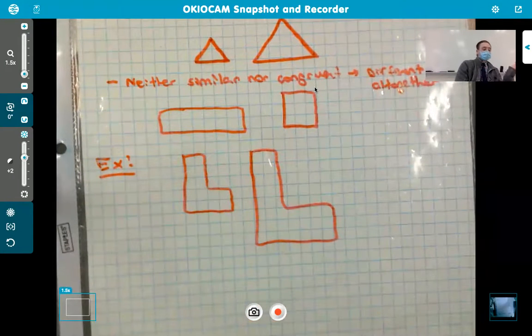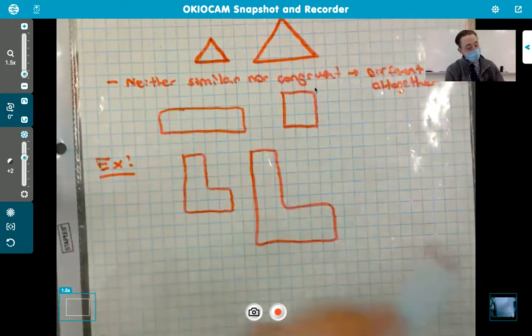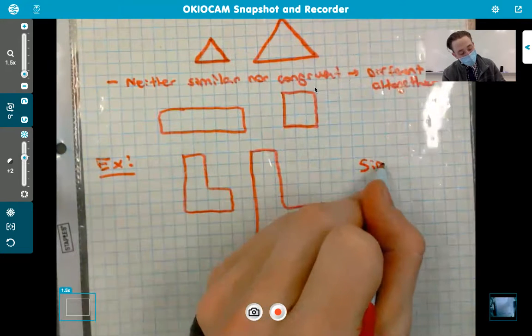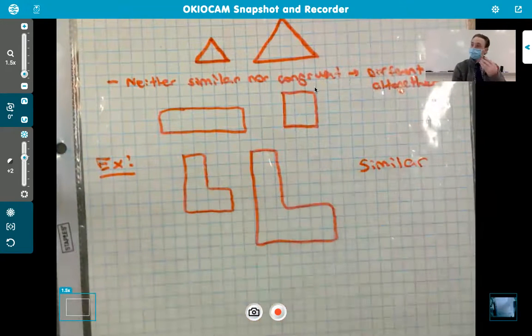Given our definitions, how would you describe these figures? What would you say? Similar, congruent, or neither? What's that? Similar. And why are they similar? They're the same shape, but they're not the same size.